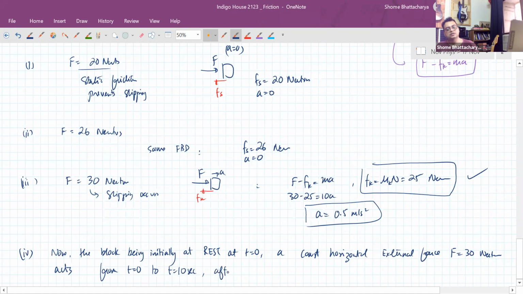After t equal to 10 seconds, this external force stops acting.